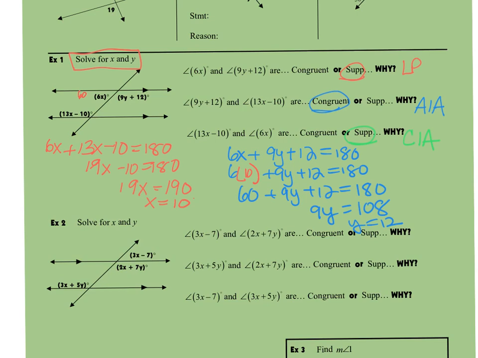If we did 9 times y, and y is 12, plus 12, that's going to make this 120, which works out. If we add those together, that's 180. This one should be 120, but let's take a look at it. If we do 13 times 10 minus 10, that does give us 120, and our relationships work out for this first one.